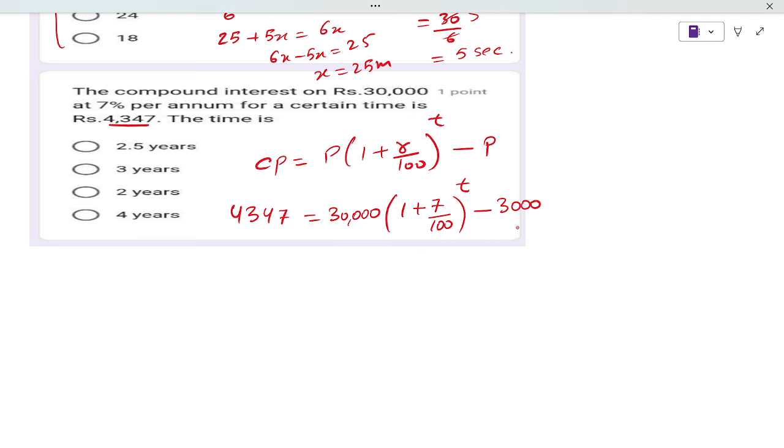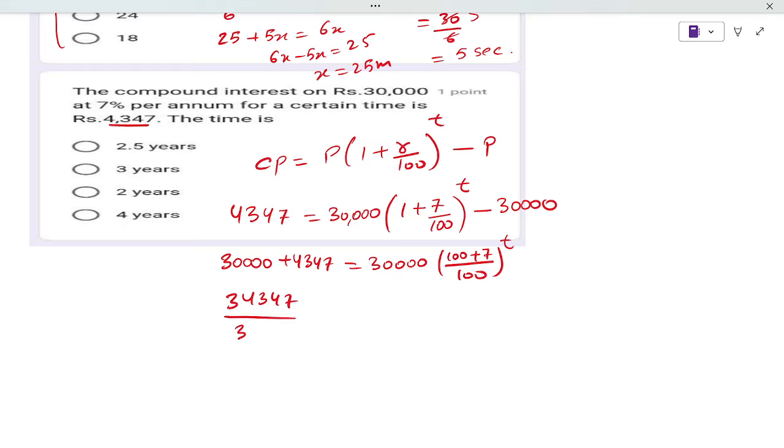So moving the 30,000 across, it becomes plus: 4347 plus 30,000 is equal to 30,000 times (100 plus 7 by 100) to the power of time. This will give us 34347 divided by 30,000 is equal to 107 by 100 to the power of time.